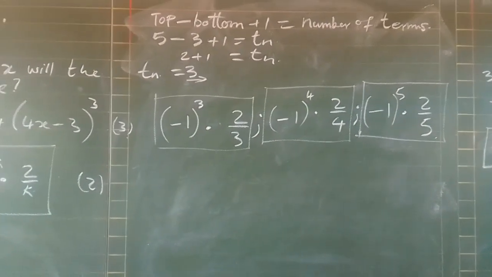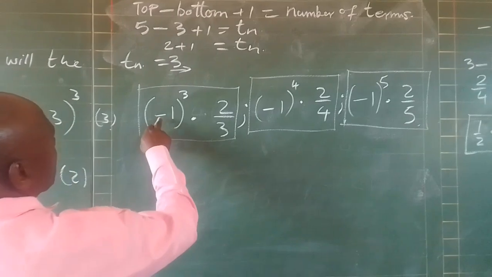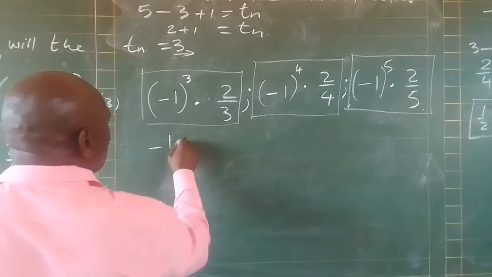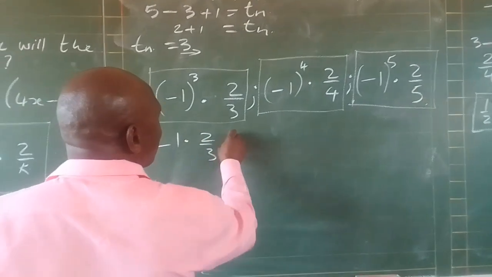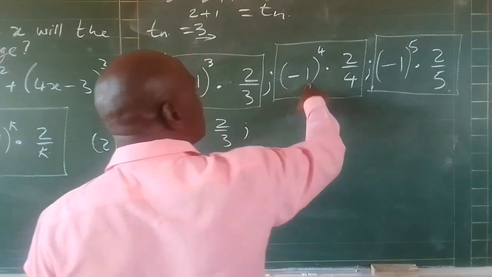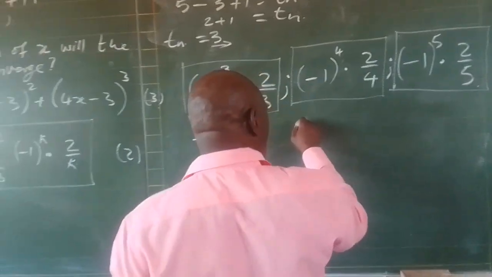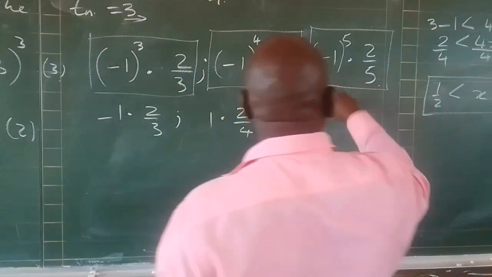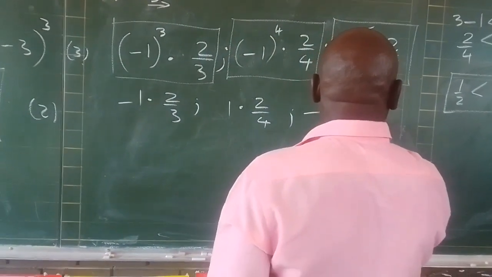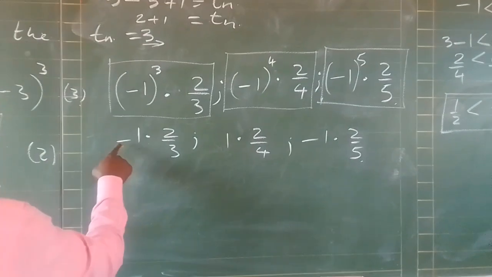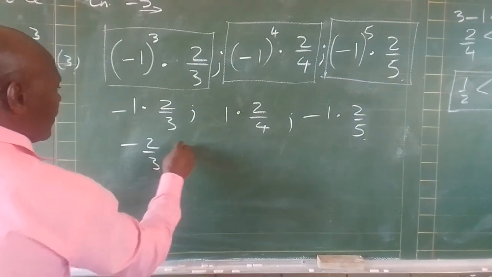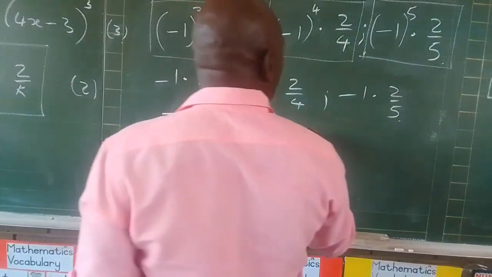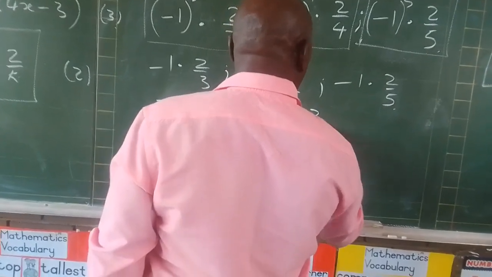Right. So the next thing that you do here is, an odd power of negative is going to be negative, so negative 1 multiplied by 2 over 3. The negative raised to an even number is going to be positive, multiplied by 2 over 4. Here it's negative 1 multiplied by 2 over 5. So minus 2 over 3, here it's 1 over 2, here it's minus 2 over 5.